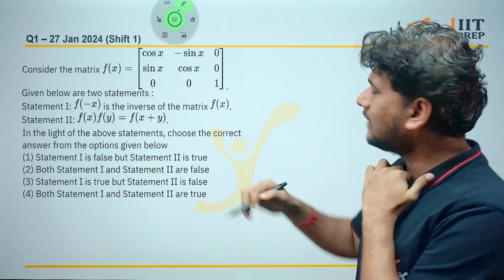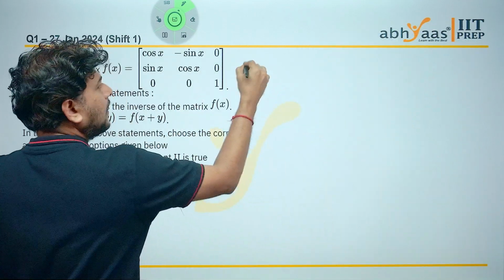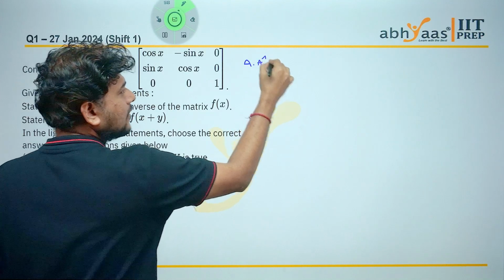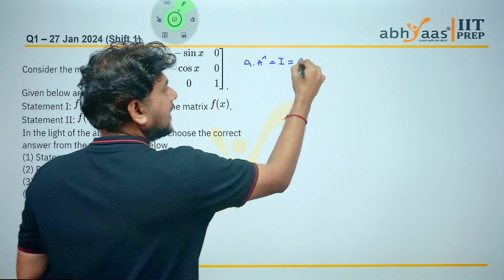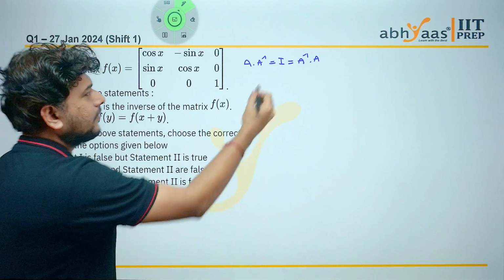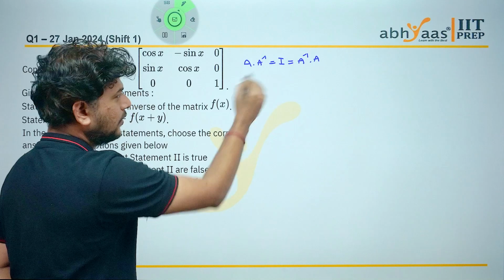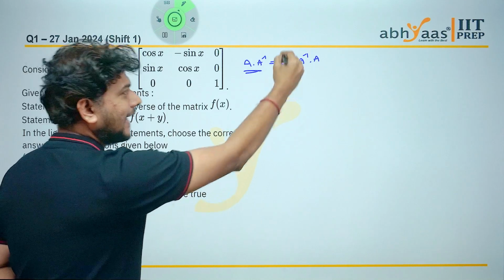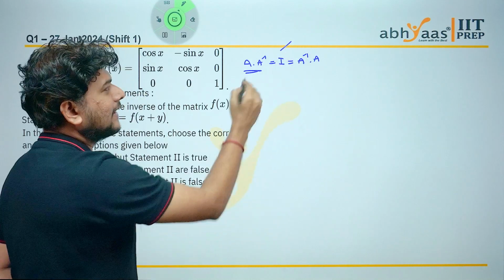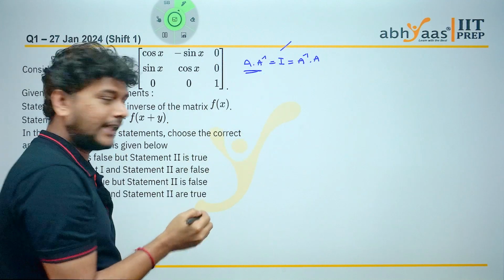So for this we have a property: A into A inverse equals identity, and A inverse into A equals identity. If A inverse is given and A is given, we multiply these two matrices and if we get the identity, we can say that A inverse is the inverse of the matrix.